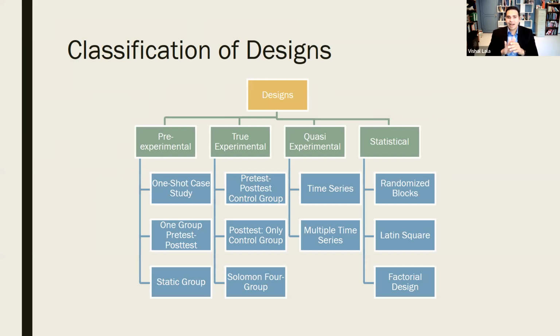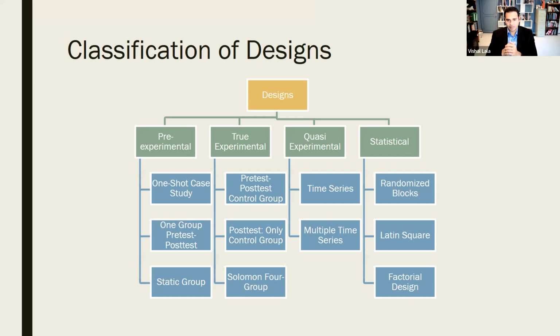There are 4 kinds of designs available: pre-experimental, true experimental, quasi-experimental, and statistical. A pre-experimental design is not really an experimental design, hence pre-experimental. The only real experimental designs that meet all the conditions of an experiment are true experimental designs. Amongst these are pre-test, post-test, and post-test only control group type designs.